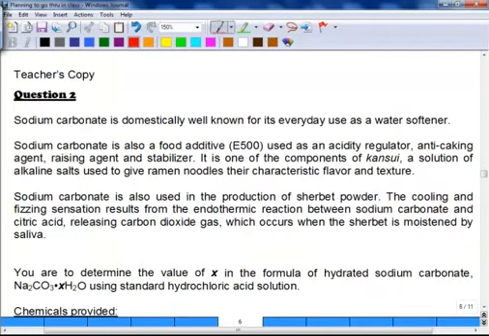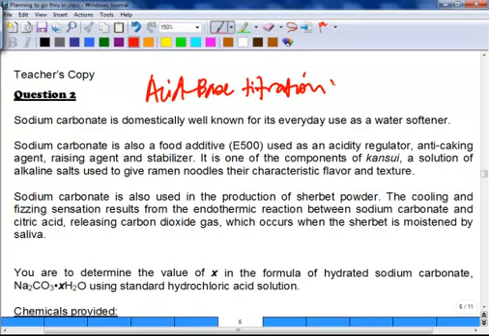Question 2. Remember, just now we were talking about redox titration. Now we want to move back to acid-base titration. So over here, we have sodium carbonate.